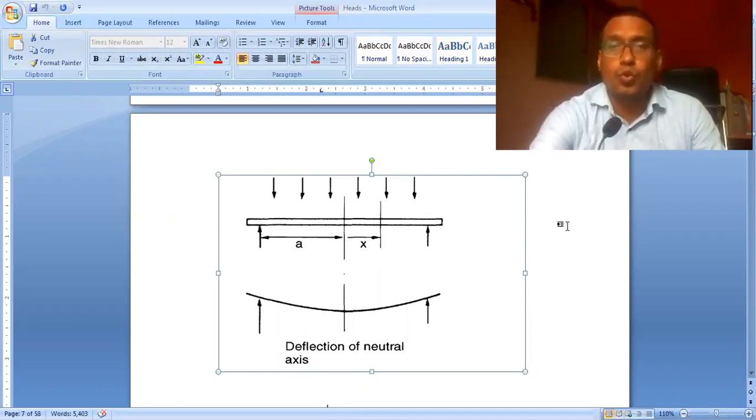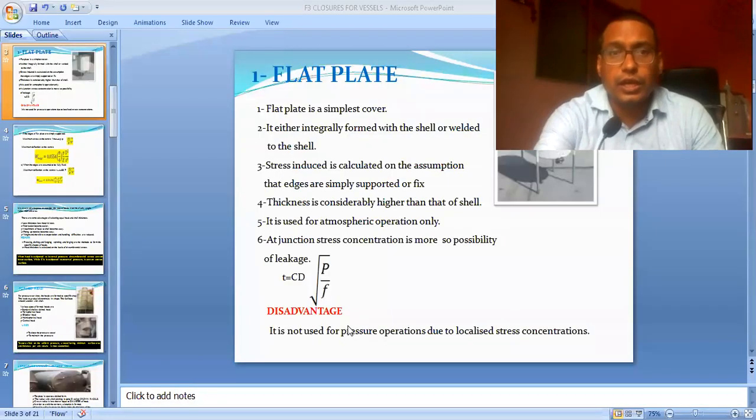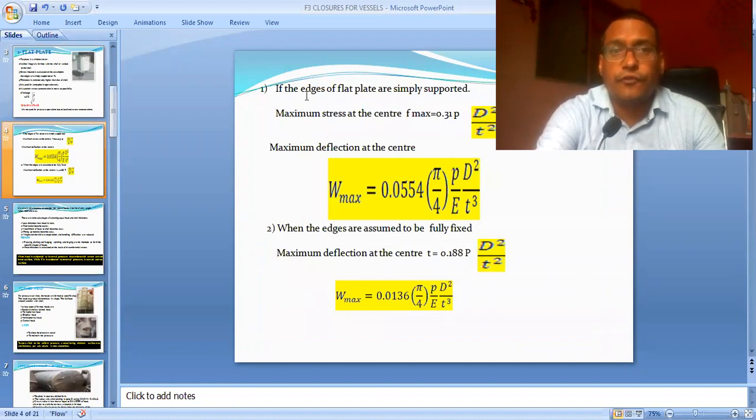Now these two supported edges will exert different types of stresses. So when we think of these two different types of stresses, the flat edge is simply supported, and second, the edges are fully fixed, that means they are clamped.